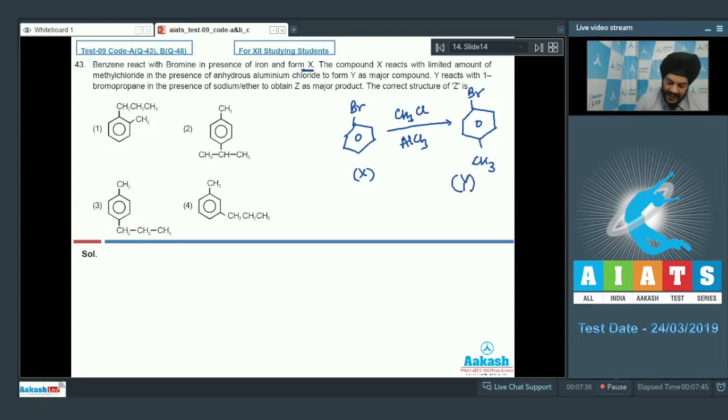Now it is given to us that Y reacts with 1-bromopropane in presence of sodium in ether. So we have Na in ether. So we have the Wurtz-Fittig reaction now.